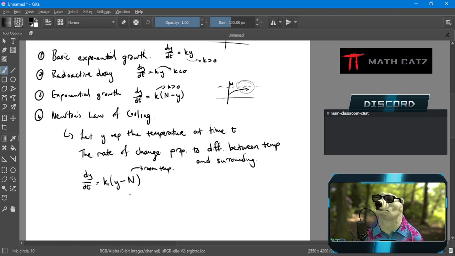So you see how it's very similar to the exponential growth with capacity, very similar in appearance. But now I'm going to have a sort of decaying effect. So it's not going to be identical, but very similar.